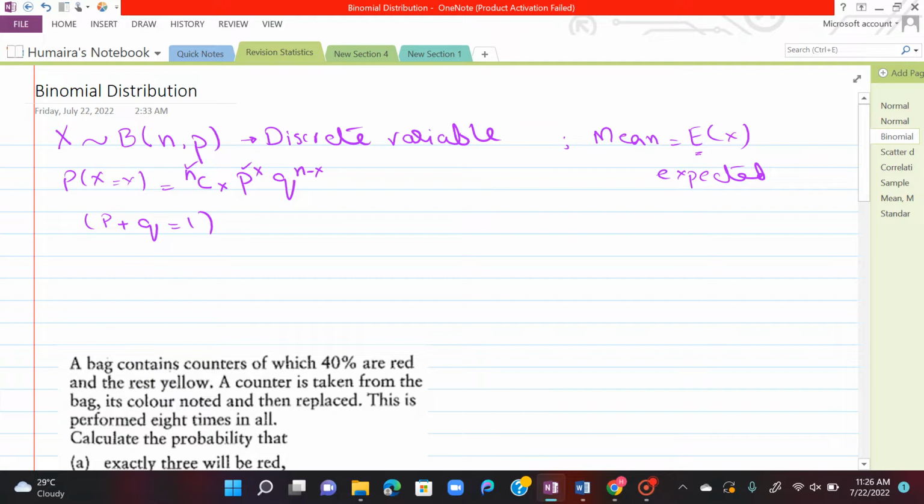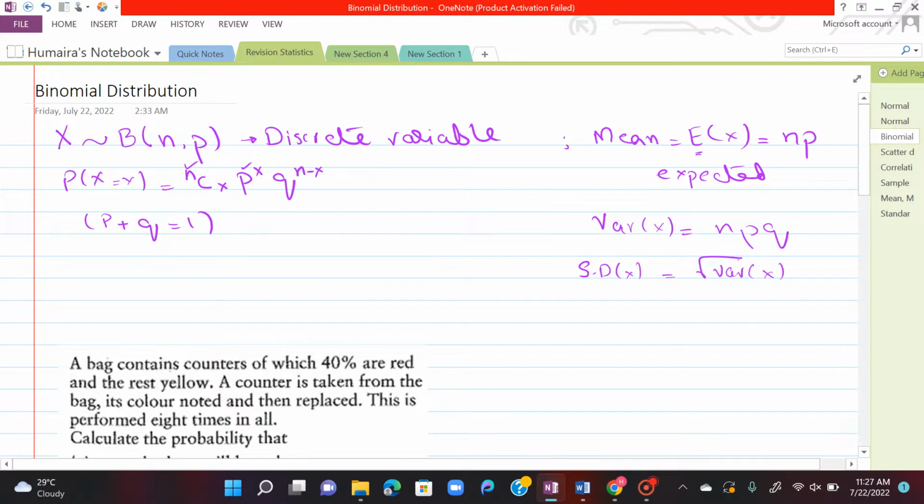So the expected value, the mean, is np, and similarly for the variance the formula is npq. Now you have a very clear idea that standard deviation relates to variance by taking the square root of the variance. So to find the standard deviation, I will take the square root of npq, right? So these are the basic formulas.